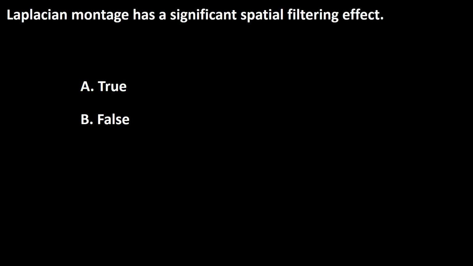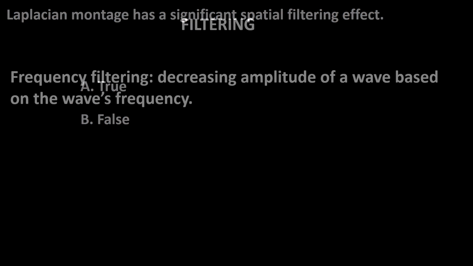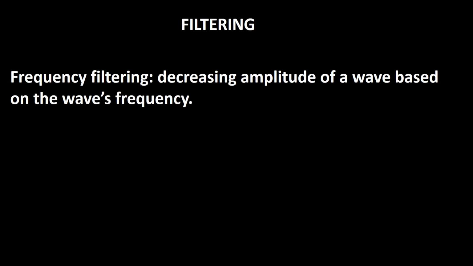Next question. Laplacian montage has a significant spatial filtering effect. A true, B false. The filtering function of an EEG can be referred to as frequency driven. In this case, the amplitude of a wave is reduced a large or a small percentage according to its frequency.